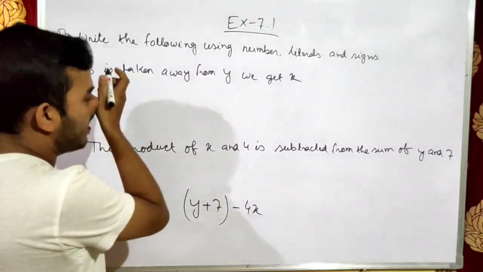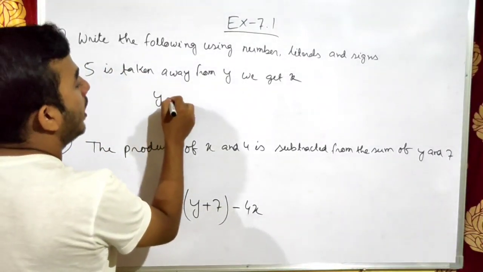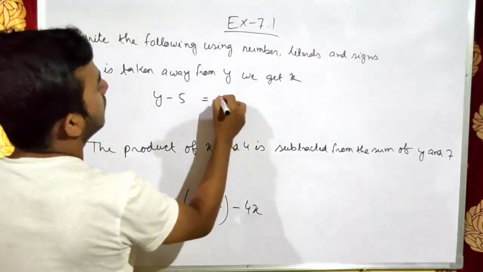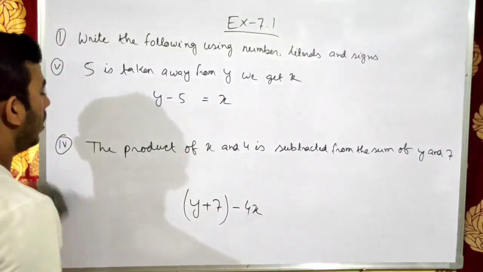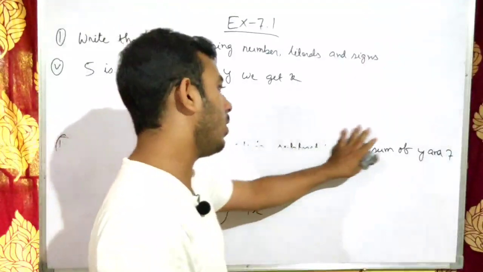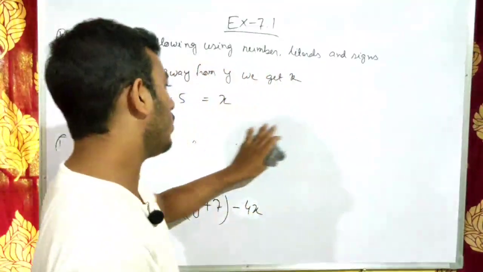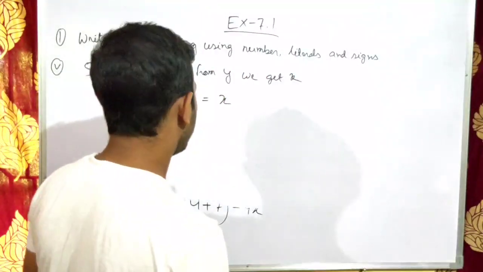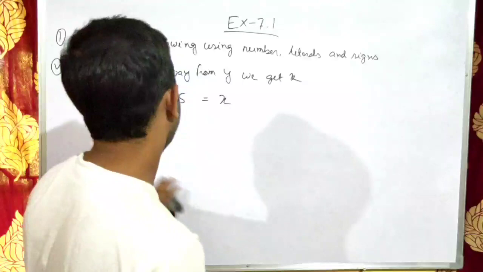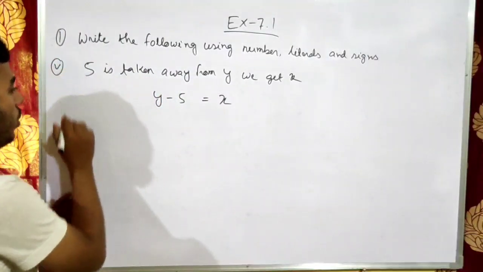Subtracted. So 5 is subtracted from y, so it will be y minus 5, and we get x, that is, equals x. Finish. So 5 is taken away from y means y minus 5 equals x.